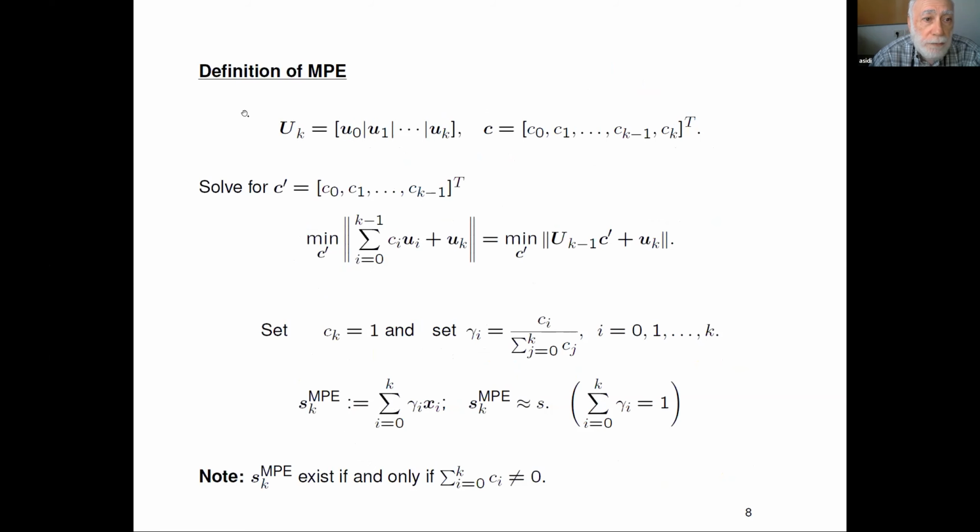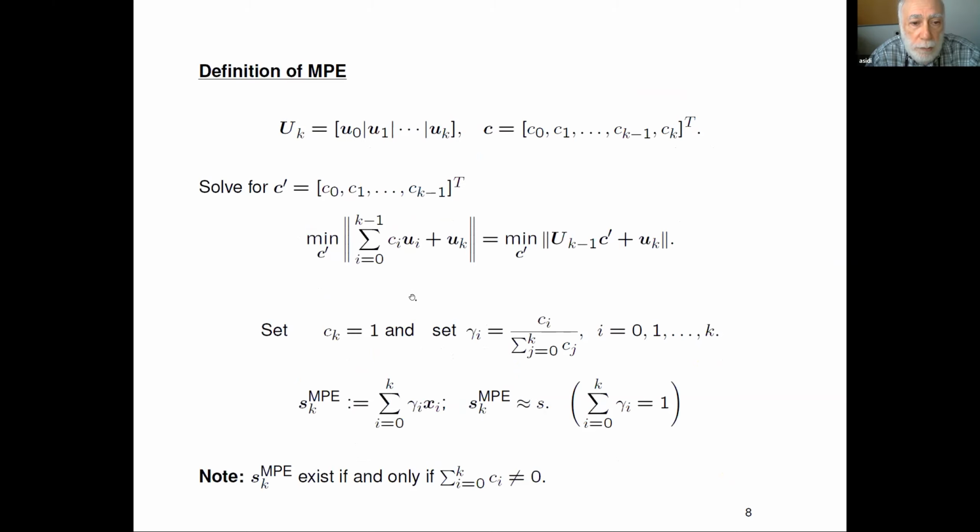So MPE is defined as follows. We have this matrix U sub k that you've seen before, and we define a vector c, a k plus 1 dimensional vector. The first k components I call c prime. Now I solve this linear least squares problem here, which I express also in terms of matrices like this.